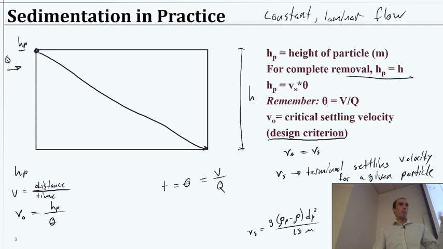So by design, the design velocity here, the critical settling velocity that we can remove, is equal to the height that the particle has to travel divided by the time that it has to travel. Okay, so it is obviously traveling also to the side with a horizontal vector from the flow rate, but what we're really interested in is it's just making its way downward.